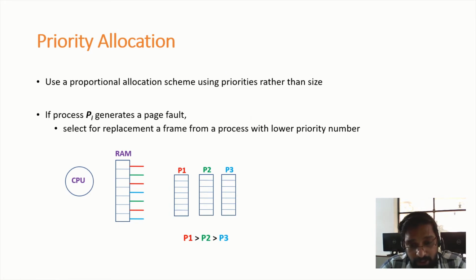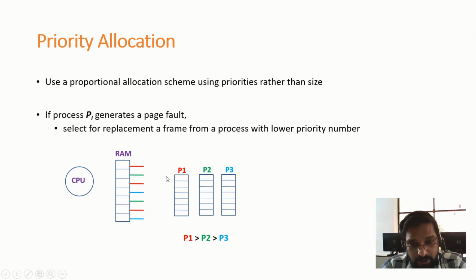After allocating one additional frame to process P1 from process P3, if process P1 requests one more additional frame, one more frame will be removed from process P3 and given to process P1. Like that it goes on. Right now, all the frames that were allocated to process P3 have been assigned to process P1.